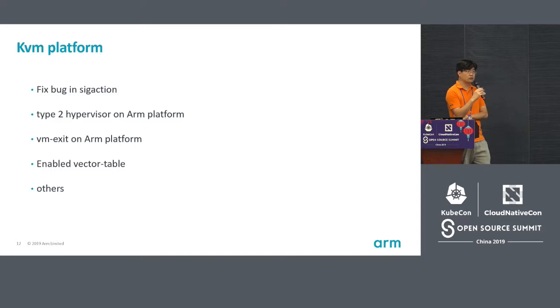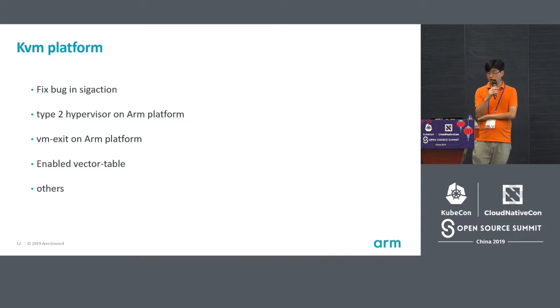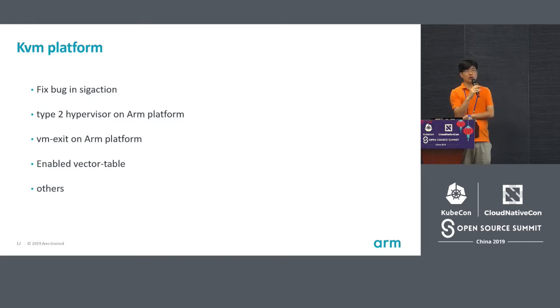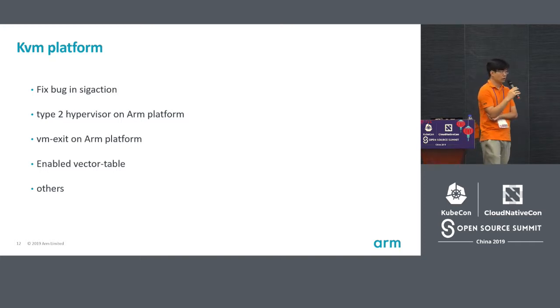The first one is about signal action. The biggest problem, we know that in Go language, it develops very rapidly, but for virtualization, it has a lot of things missing, so it cannot be compared with C language or Rust language. So there are many things you need to pay attention to.